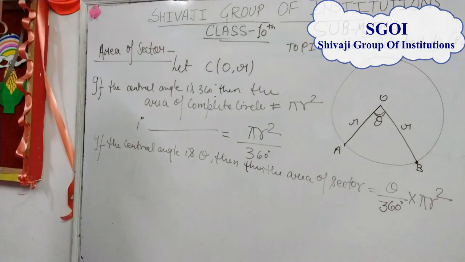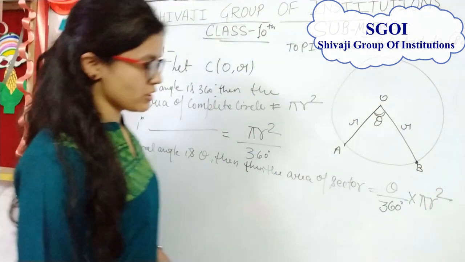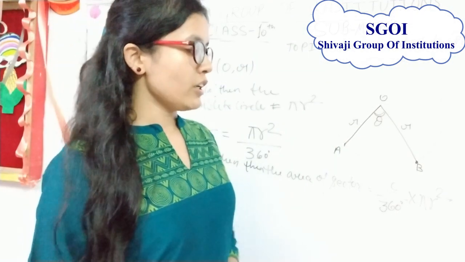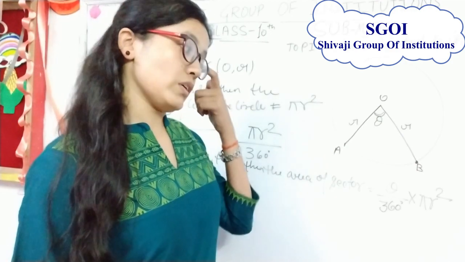Okay, this is the formula of the area of a sector. Area of sector is equal to theta upon 360 into pi r square.